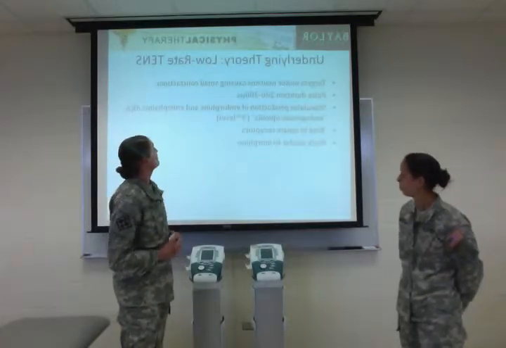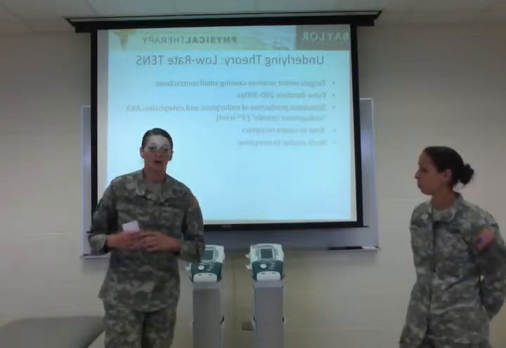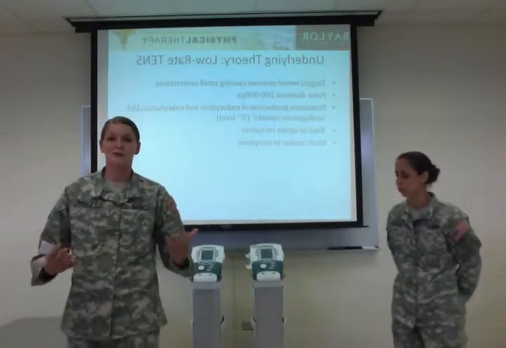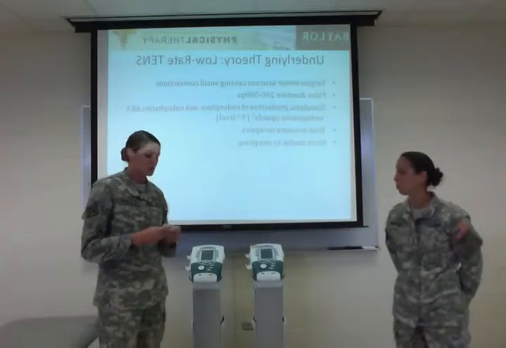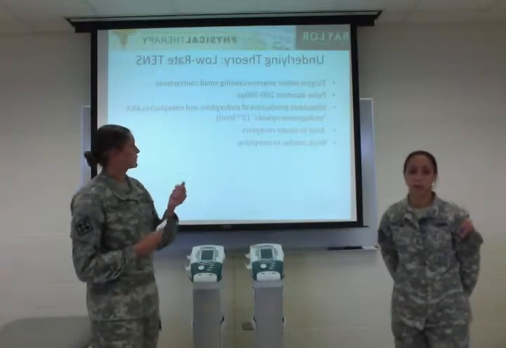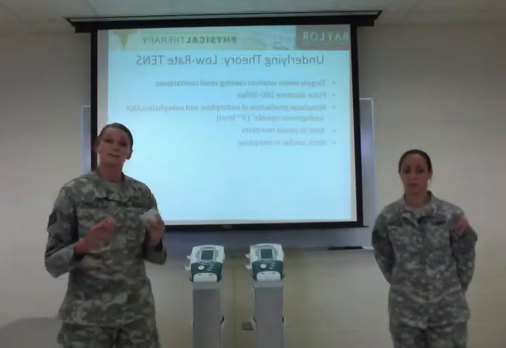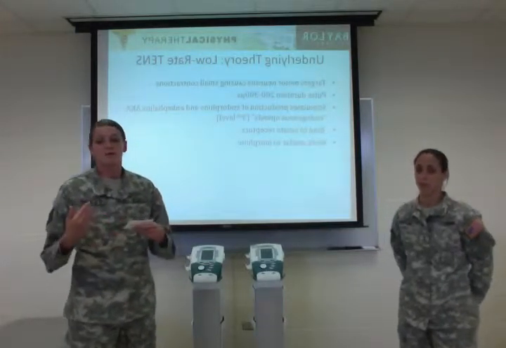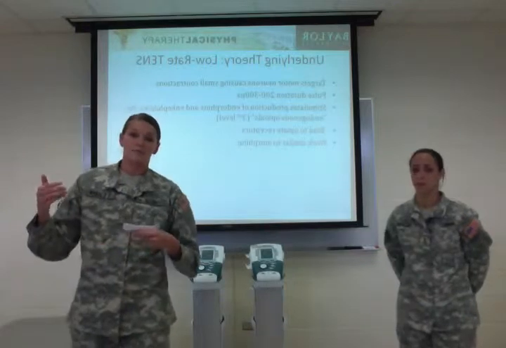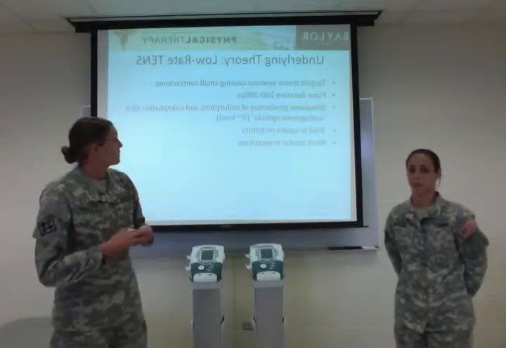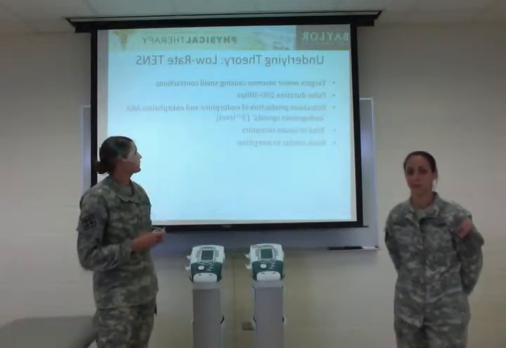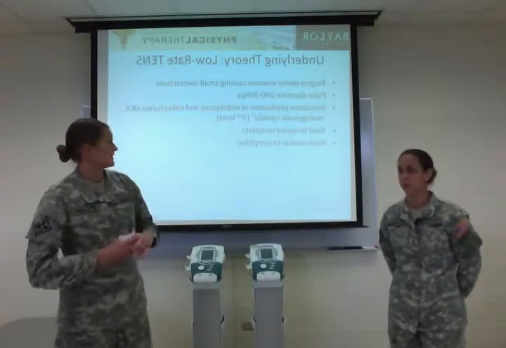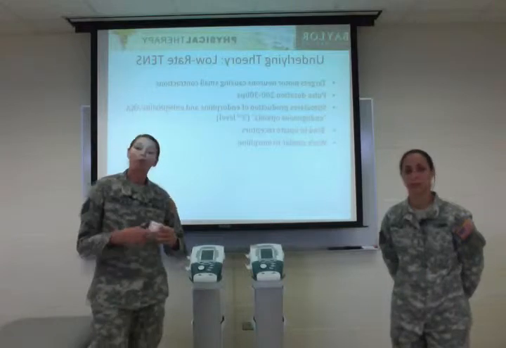So the underlying theory for the low-rate TENS is actually looking to target the motor neurons for just small contractions, nothing big. We're not into Russian, we're not doing these crazy contractions, but we are actually trying to stimulate small contractions. So the pulse duration on this is going to be between 200 and 300 microseconds on average. And this is actually working at the third level of pain inhibition, which is where you actually see the stimulated production of endorphins and enkephalins, aka endogenous opioids.